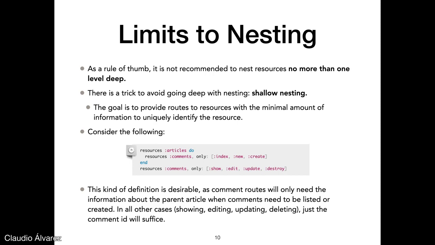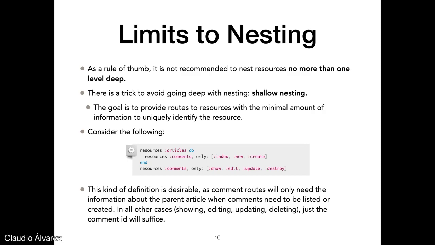The blog has articles, the articles have comments, and when you want to list comments, you normally want to list them in relation to an article, right? When you want to create a comment, you want to create it in relation to an article. So both new and create operations need the article context to be correctly executed.